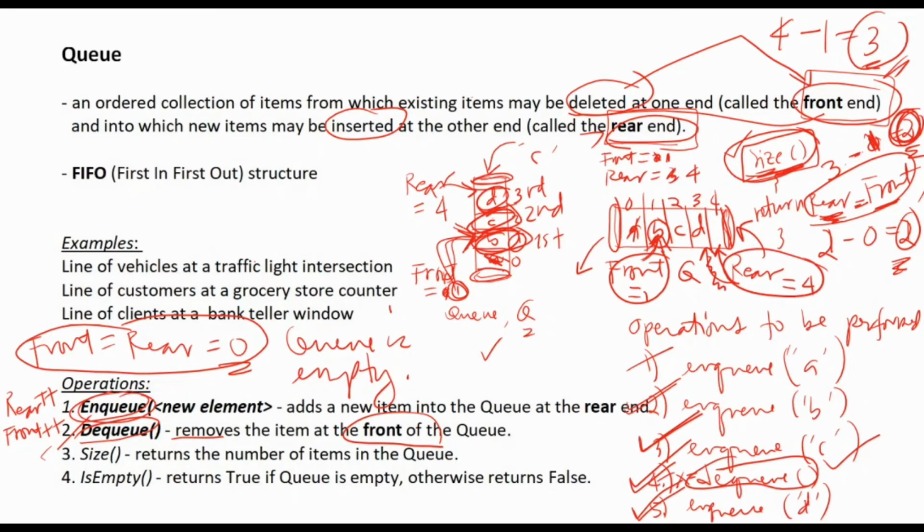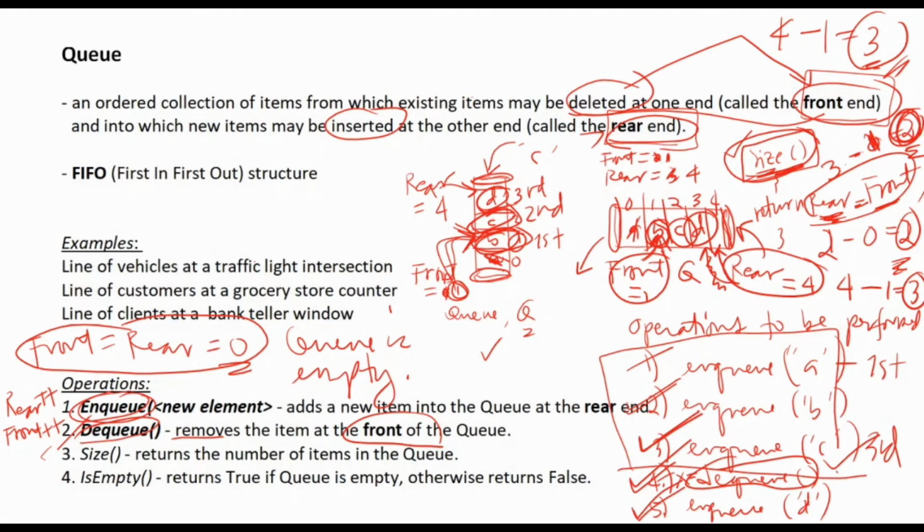So when you inquire for the size of the queue or the number of elements of the queue, this would give us 4, the rear value, minus the front, which is 1, that gives us 3. We have 3 elements in the queue, and these 3 elements are first, letter B, second, letter C, and the third, letter D.